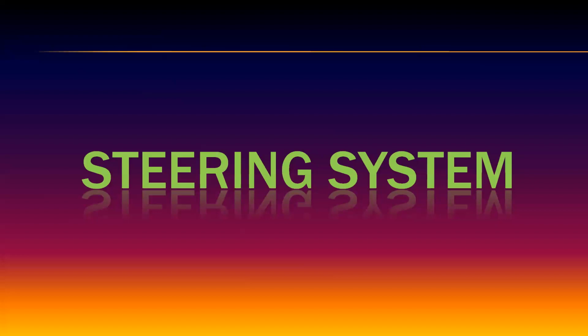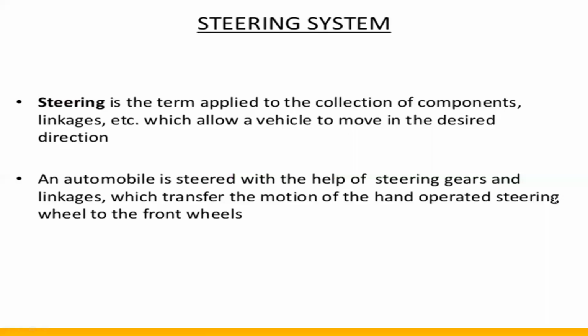First of all, what is a steering system? Steering is the term applied to the collection of components. Many different types of components are connected and assembled to form a steering system. A steering system is not one single component of the automobile vehicle.